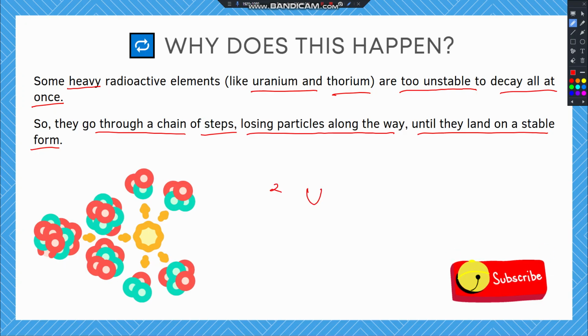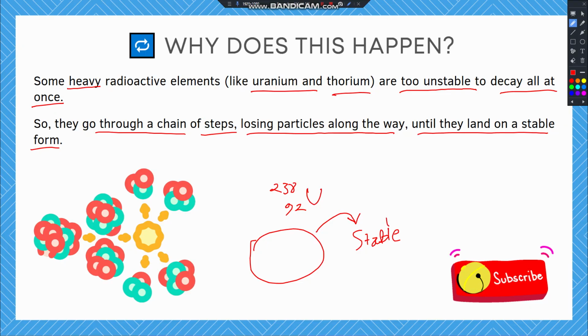Uranium has a mass number of 238 and an atomic number of 92. This is a very huge atom. So for it to break down and become stable, it doesn't just undergo one radioactive decay. It has to happen time and time again until it becomes stable.